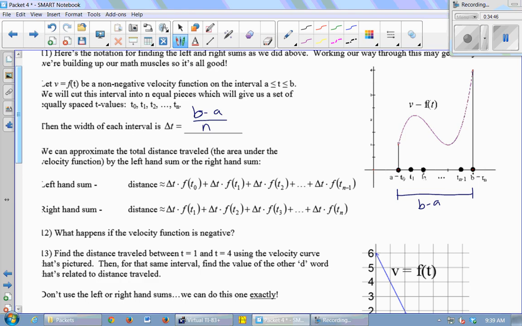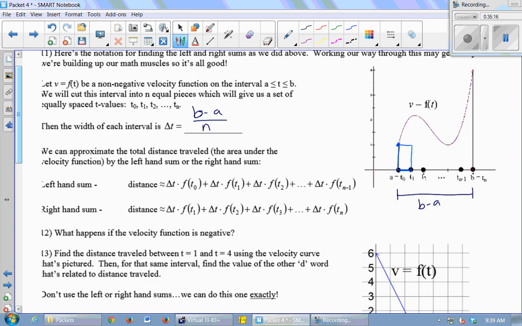So if I use a left-hand sum, I'm going to make rectangles that estimate the height of the curve using the left endpoint. So if I'm looking at this interval from t0 to t1, I'm going to use the left endpoint of the interval to get the height of my rectangle. And then I'm going to assume that height is constant over the whole interval.